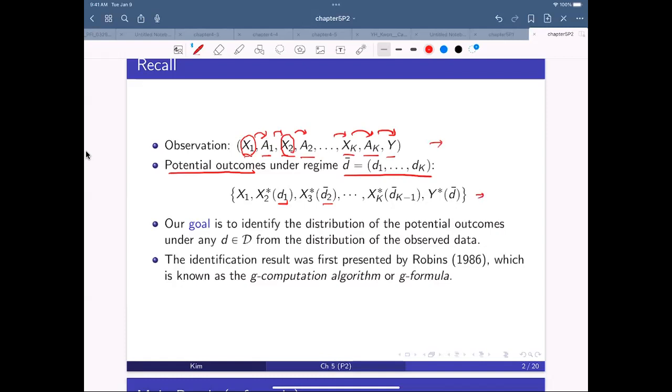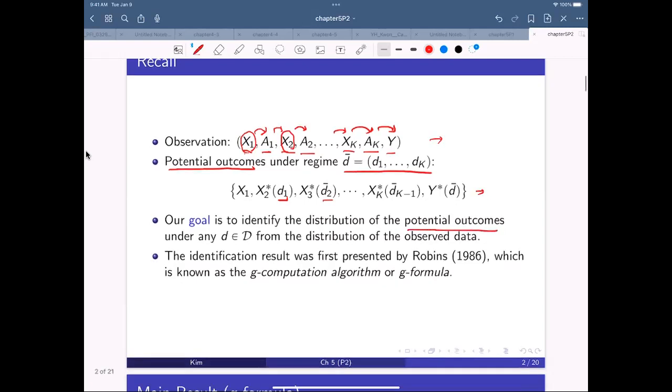So our goal is to identify the distribution of the potential outcomes on any given D from the distribution of the observed data. Because we want to use the observed data to characterize and then solve our problem.